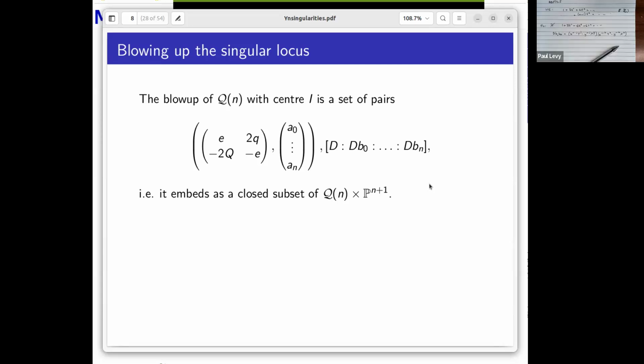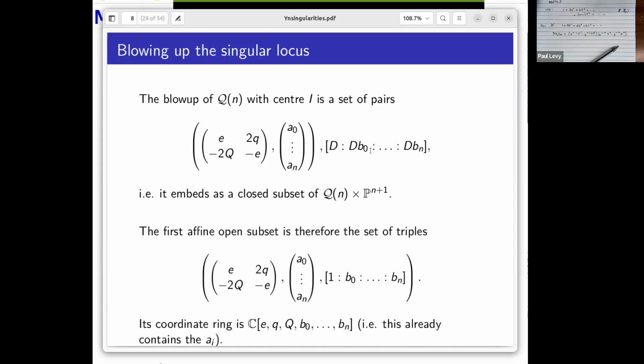Right. So the blow-up embeds as a closed subset of the original singularity crossed with this projective space coming from these projective coordinates over here. And so the first affine open in particular is given by setting this coordinate equal to 1, so you're dividing everything by d.